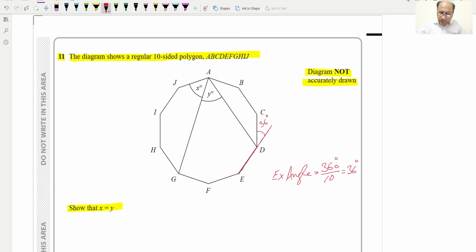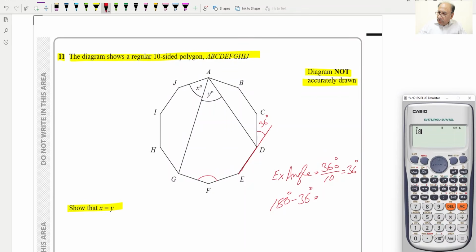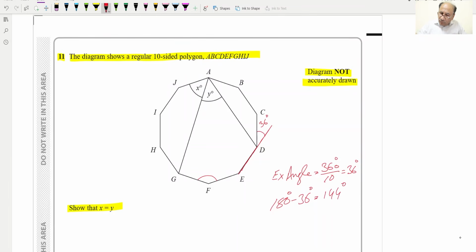Now the interior angle will be what? The interior angle will be 180 minus 36 degrees, and 180 minus 36 is equal to 144 degrees.